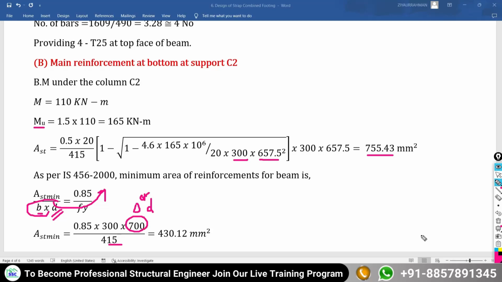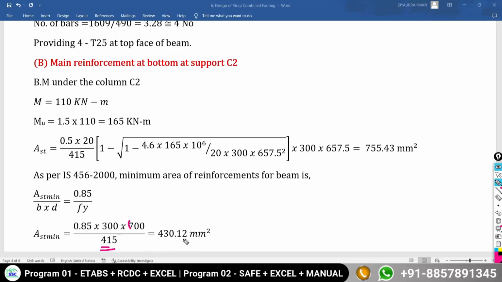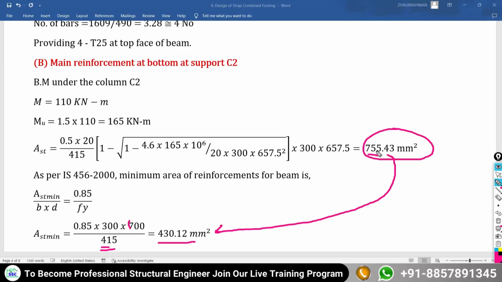So 0.85 multiplied by 300 multiplied by overall depth 700 divided by 415. It asks us to provide a minimum reinforcement in the beam at any section as 430.12 mm square. But the demand is 755.43. So in comparison of these two, the minimum and the design requirement, we have to provide the design requirement, 755.43, because it is the greater one.